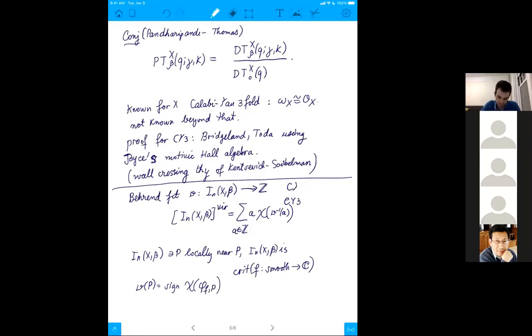So now this Bridgeland proof, or also part of this motivic algebra, is that because we also have this description using the Behrend function, we can use cut and paste techniques to understand how I_n(X, beta) and P_n(X, beta) compare. And then we can apply vanishing cycles at the end.